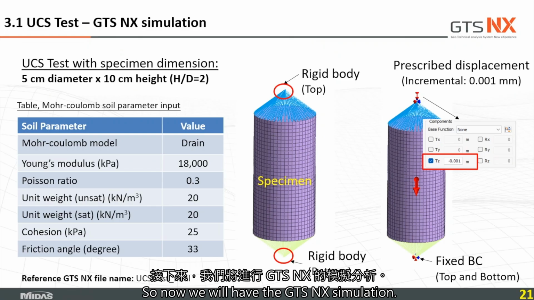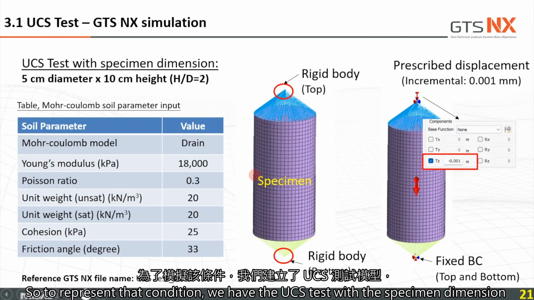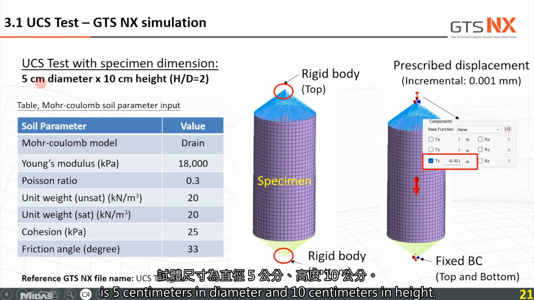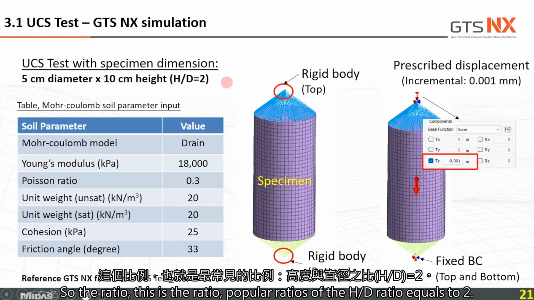Now we will have the GTS NX simulation. To represent that condition, we have the UCS test with a specimen dimension of 5 centimeter diameter and 10 centimeter height. This is a popular ratio of H per D equal to 2.